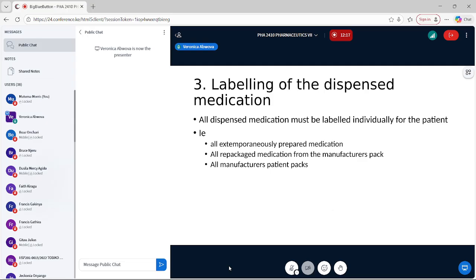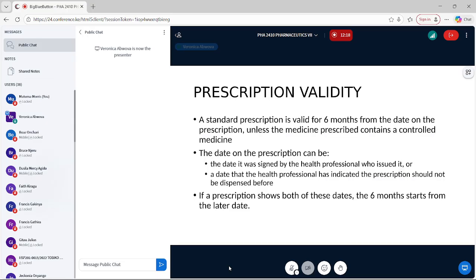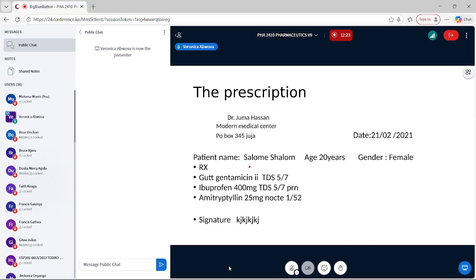So if you look at, let me just go back and see if we can find a prescription. Yeah. So for instance, in this case, this is what we mean. You're labeling a prescription for Salome Shalom. Ensure that you have picked these 3 items.